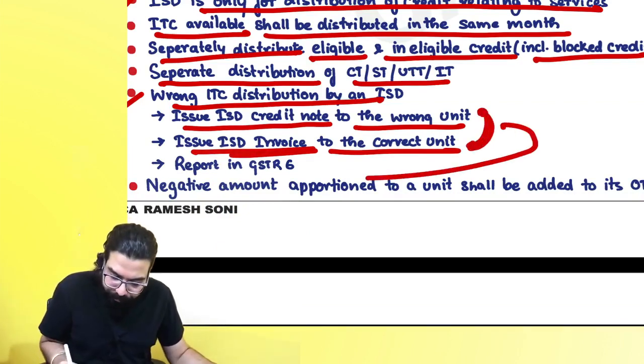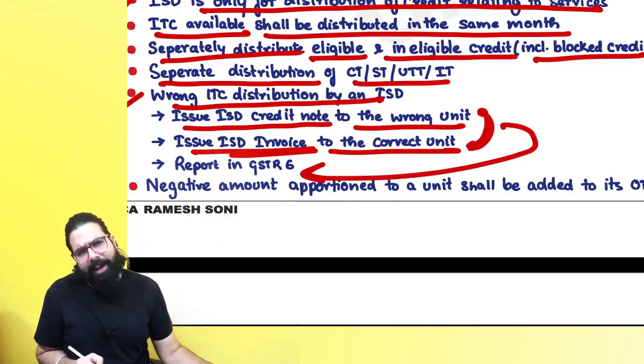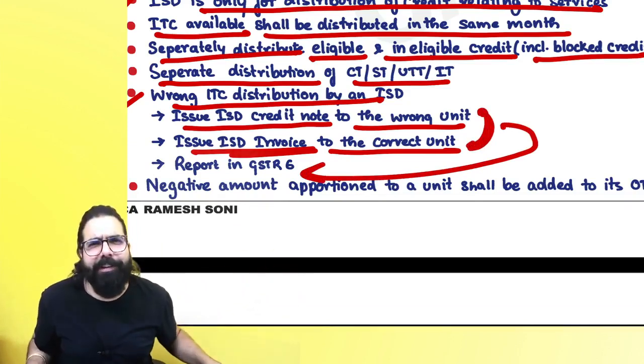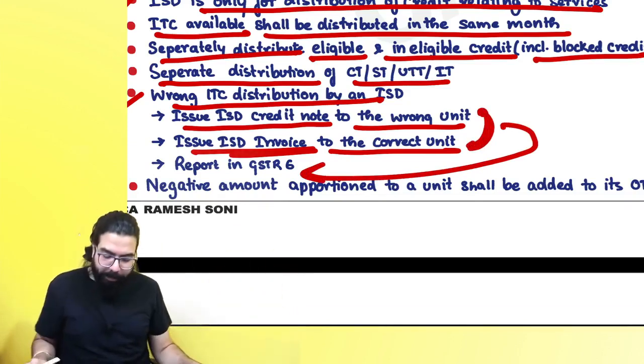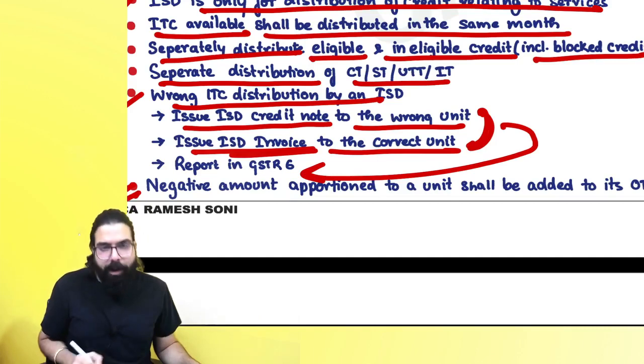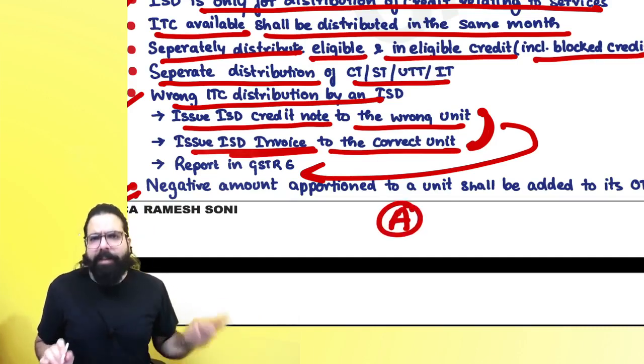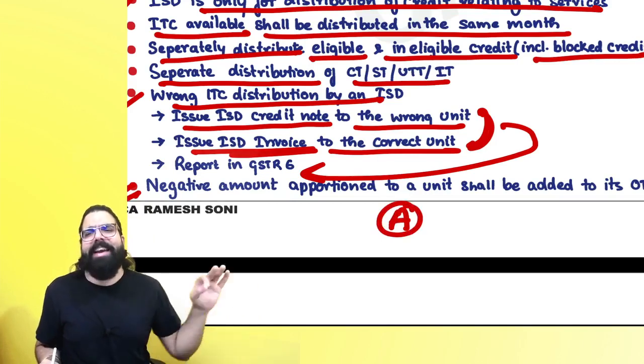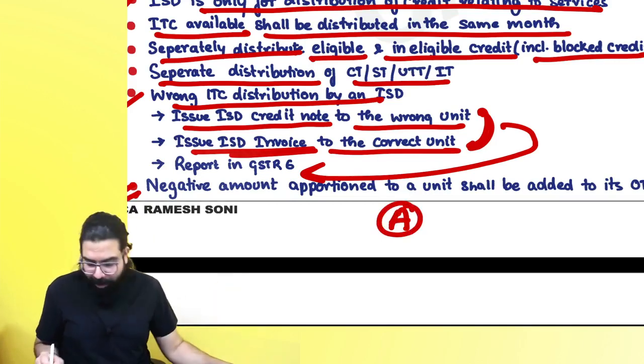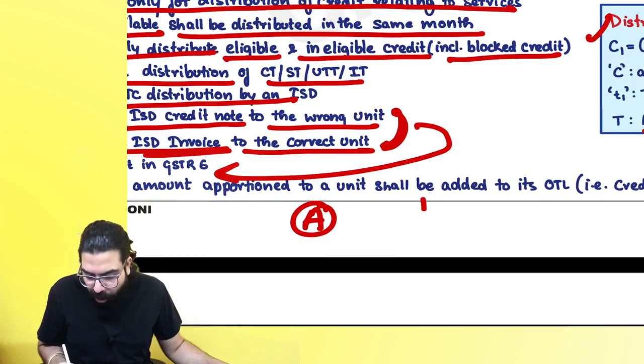Both of them will be reported in GSTR 6, and it will reflect in your GSTR 2B. I hope this point is clear. Always remember, for example, branch A has to be distributed credit this month. The ISD invoice issued to branch A this month showed 1 lakh rupees.